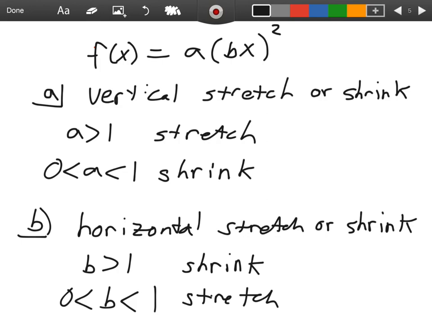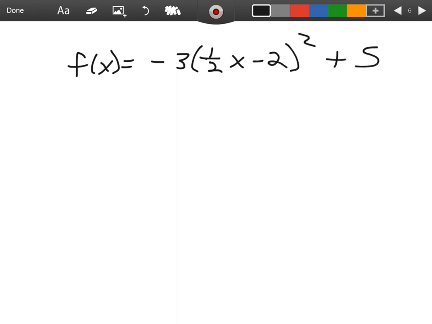Now, I don't want you to try to get too serious about how to draw those. Let's just give you an example of what you might see on a test. Let's say I have f of x equals negative 3 times 1/2 x minus 2 squared plus 5. And I want you to describe all the transformations. So just work our way down the list.